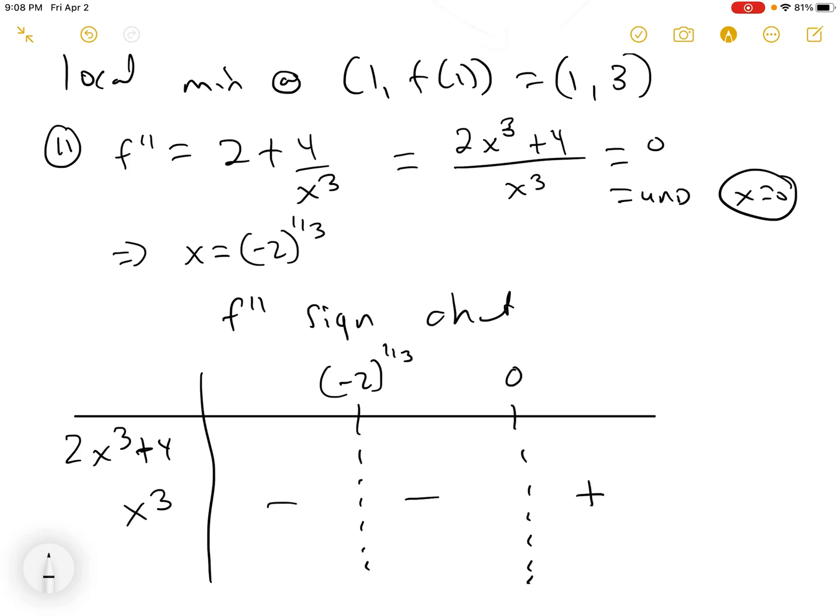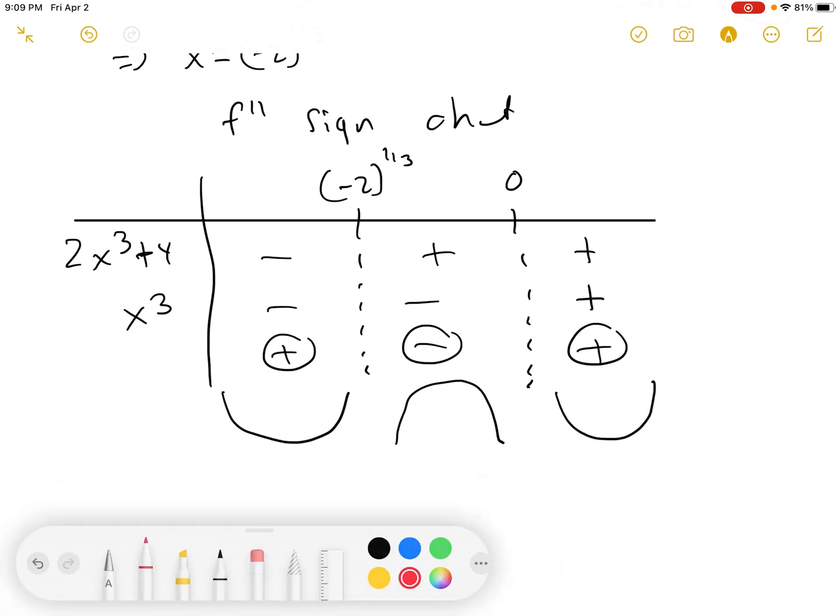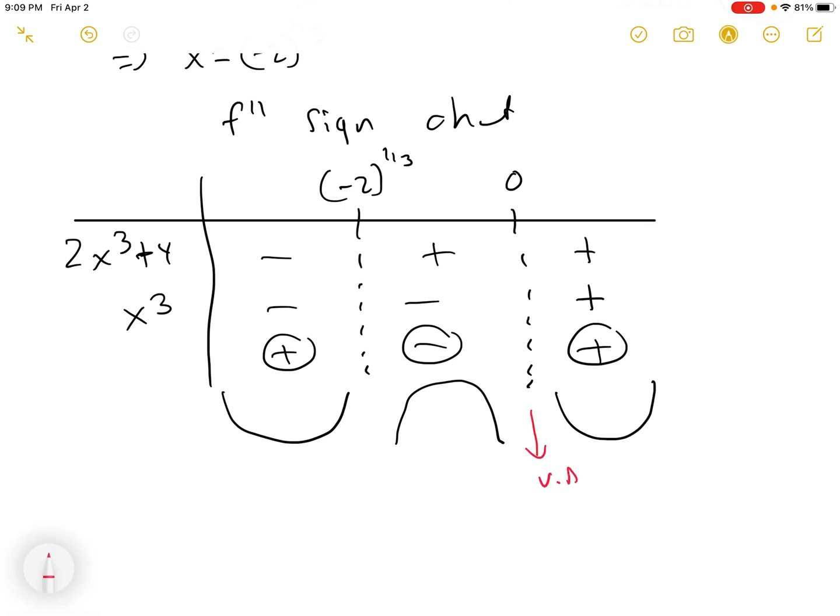All right. And this thing is positive here, negative here. So plus, minus, plus. So, okay. Concave up, concave down, concave up. Now remember, this is a vertical asymptote. So even though the concavity changes, because there's no point there, you can't have a point of inflection. And this is an inflection point.